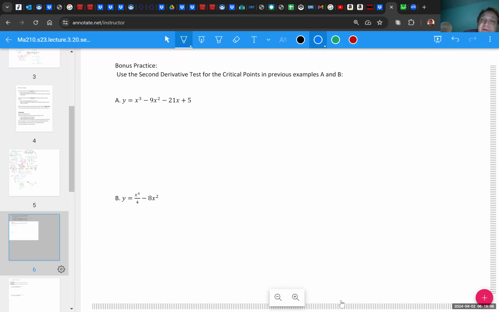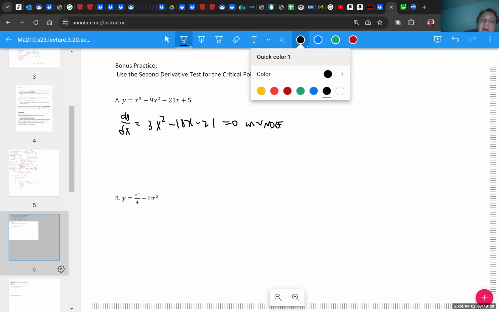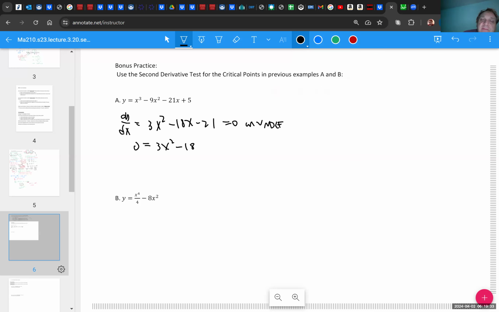So we have to find the first derivative, and find where the first derivative is equal to 0 and where the first derivative is undefined. When we set it equal to 0, we get this factorable quadratic equation.